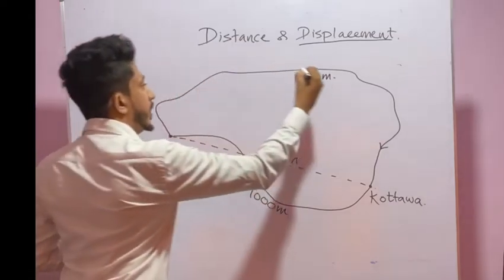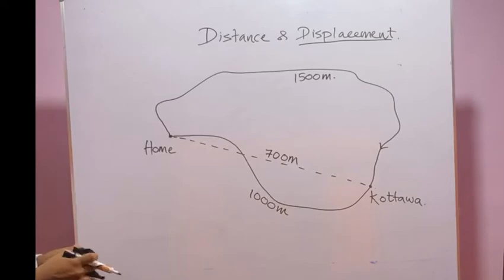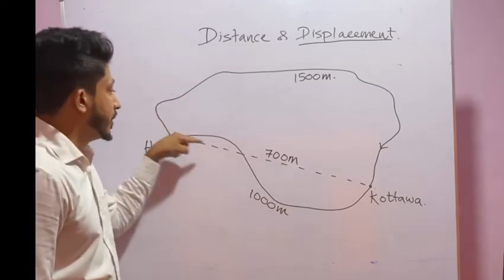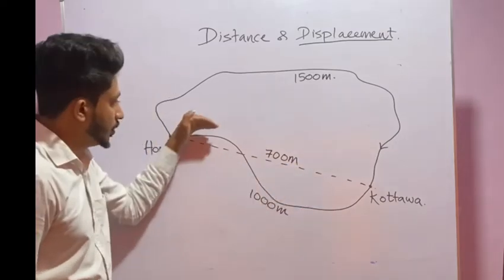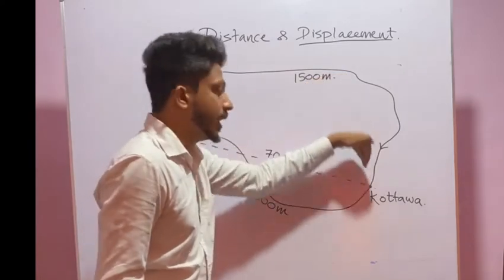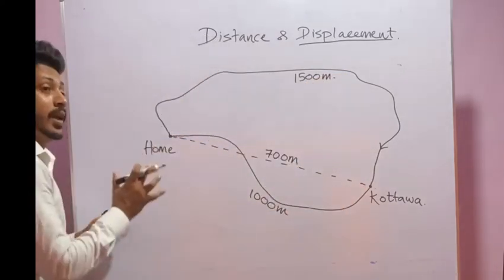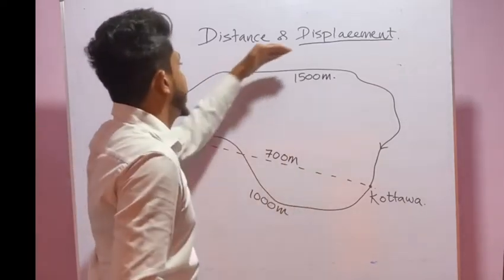Other parts, which are not formed by a straight line, we call distance.